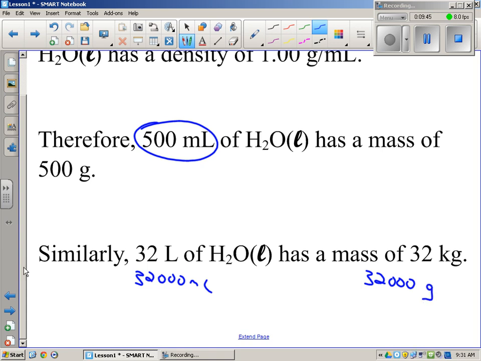Can we change that to kilograms? Sure. 32 liters would be 32 kilograms. So those two go together, and that's why you should really know the different units that are associated with them. If we're talking about liters, you probably want to use kilograms. If we're talking about grams, think about milliliters.